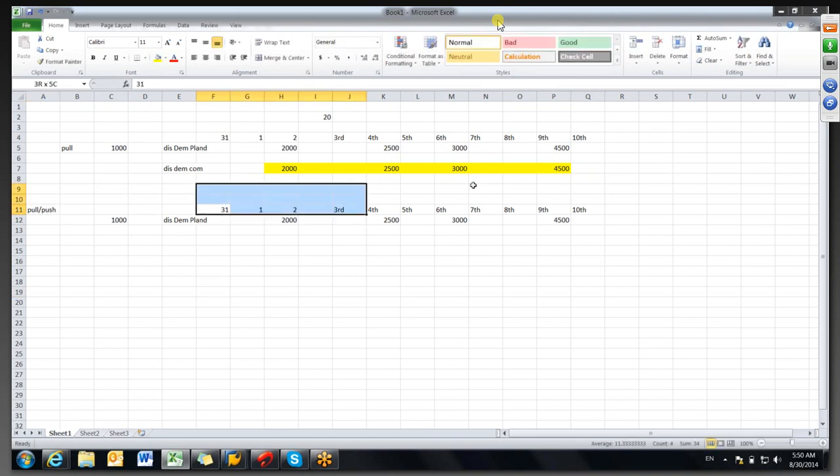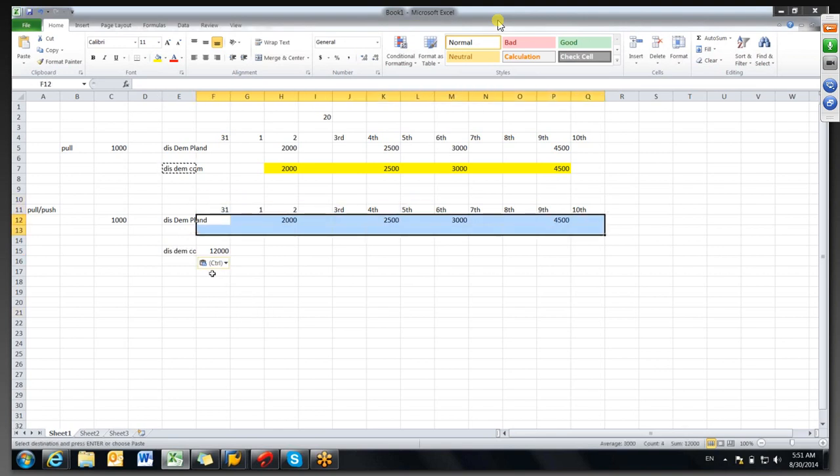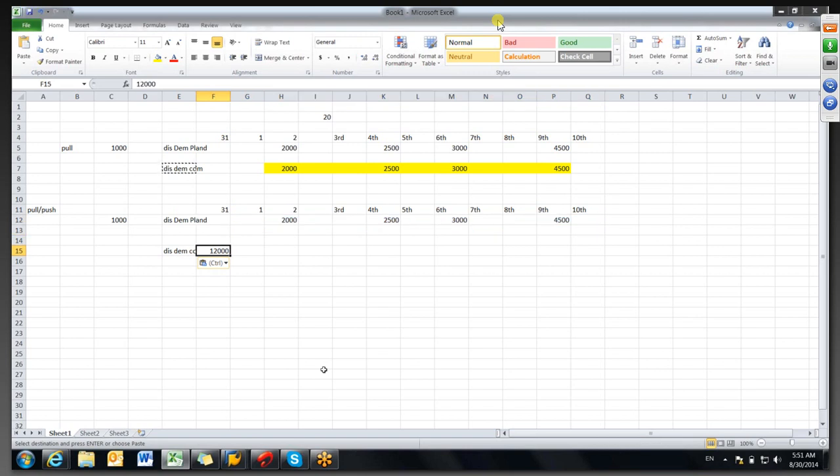It will consider 20 days of demand, but all the 20 days, how much it is, for example here 12,000 is there. 12,000 it is trying to confirm at the beginning of the period itself. It will try to confirm all the demand on the same day. That is what it will do.